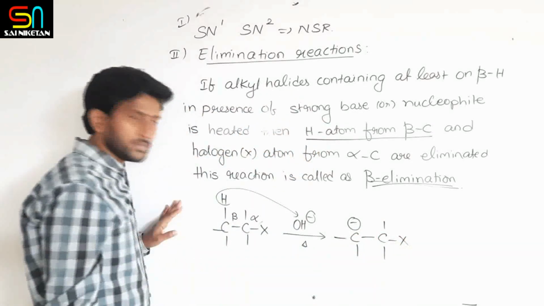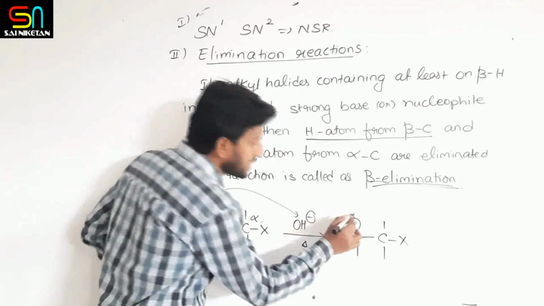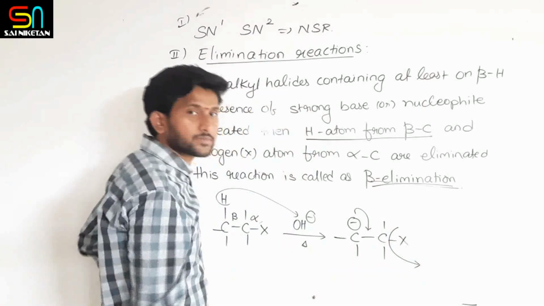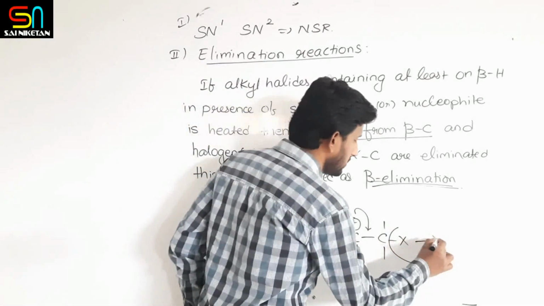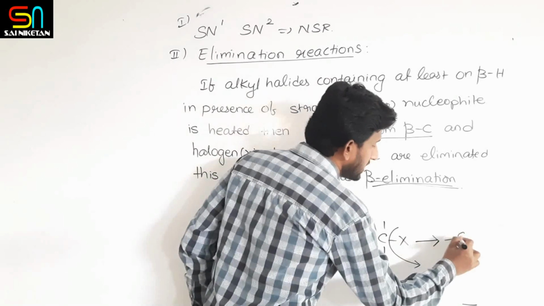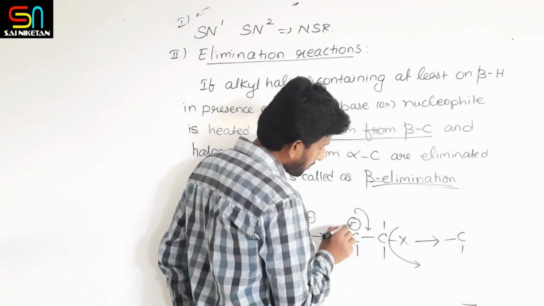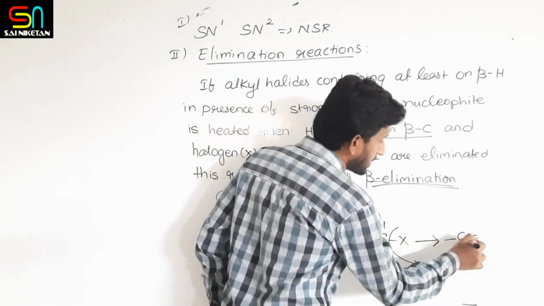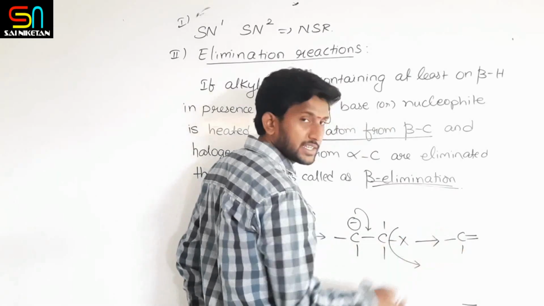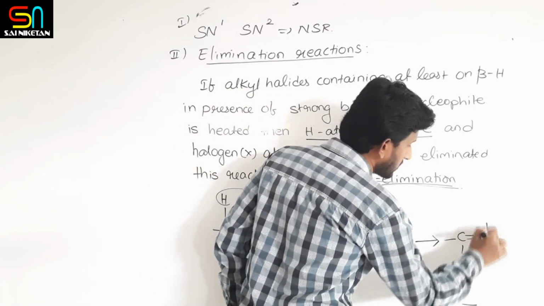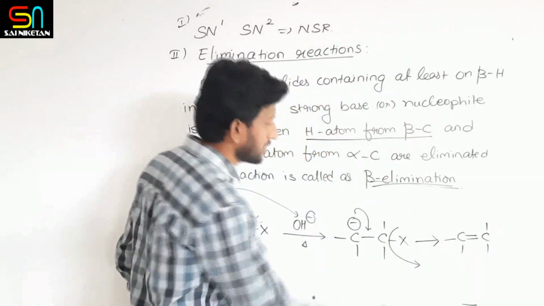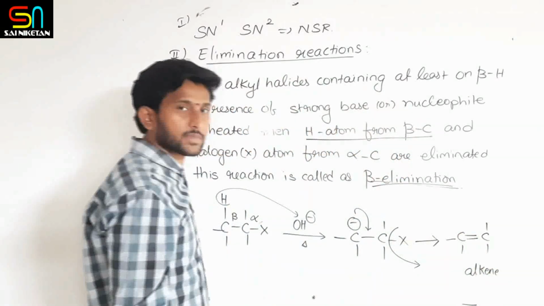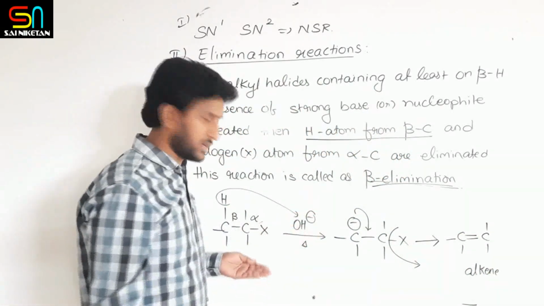Now this negative charge shifts like this and X minus is eliminated. I am writing the remaining two bonds as they are. This pair of electrons shifted here means one sigma one pi, that means a double bond will come, and X is eliminated. Now this carbon also contains only two bonds, so an unsaturated compound, that is alkene, is formed.